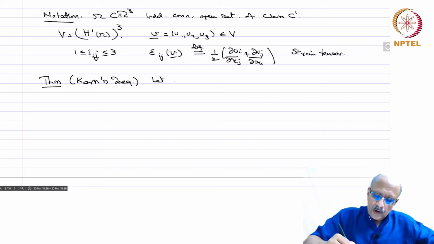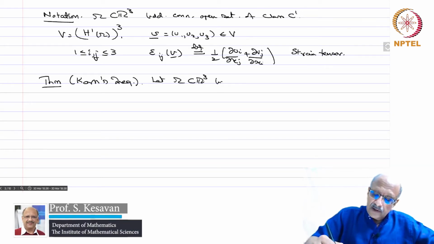Let Omega contained in R3 be a bounded domain, which means a connected open set, of class C1.